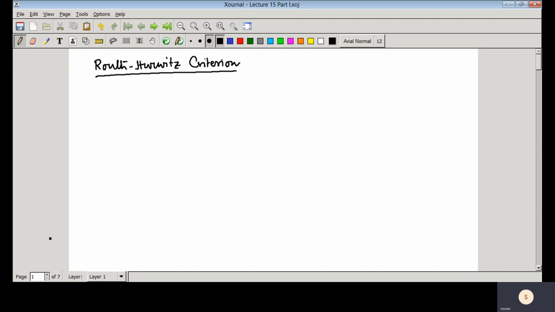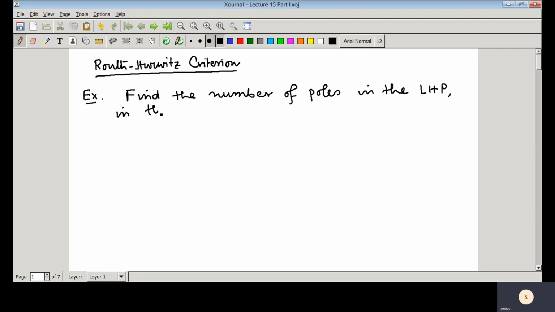The example is: find the number of poles in the left half plane, in the right half plane, and on the imaginary axis.